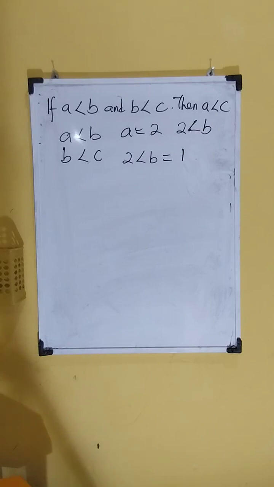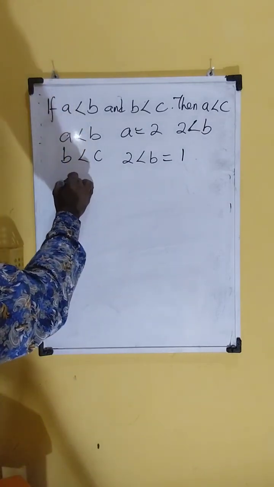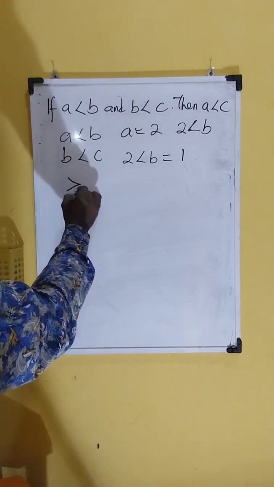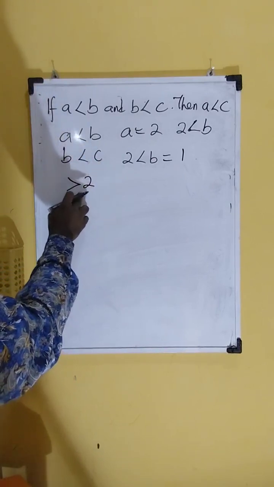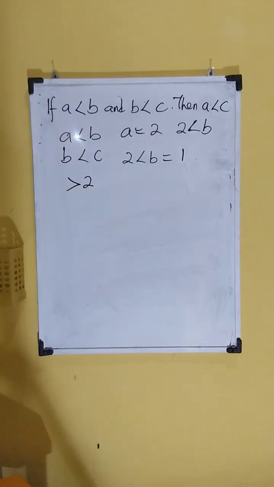Memunat, listen to this now. Let me explain it in my own way as I understand it. I'm understanding it the way Memunat is understanding it. The question is, if A is less than B and B is less than C, then A is less than C. Let me illustrate it.